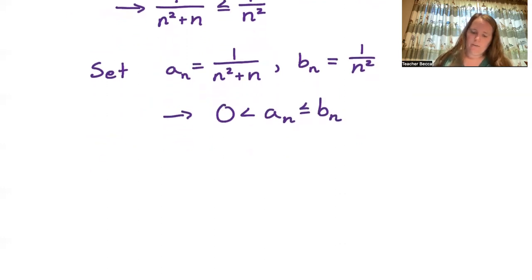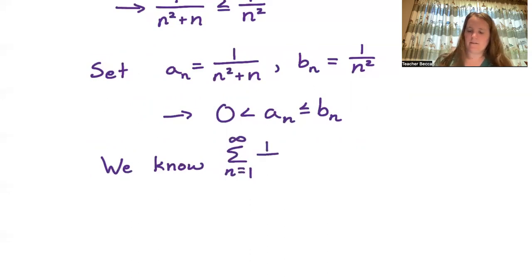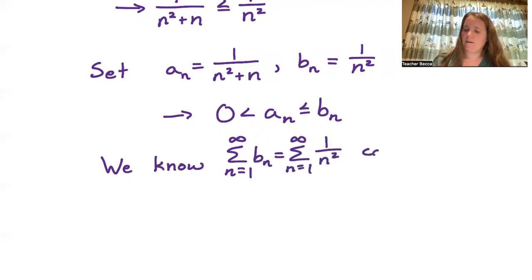And we know that the sum from n equals 1 to infinity of b sub n, which is the sum from n equals 1 to infinity of 1 over n squared, converges. Right? This is a p series with p larger than 1.